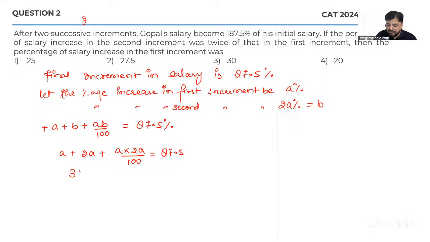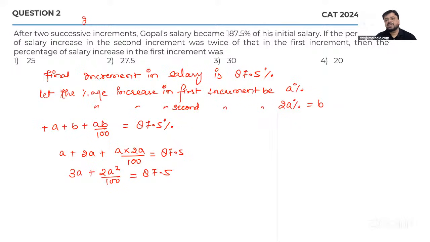It will become 3a plus 2a square upon 100 equal to 87.5. And now you make a quadratic equation and solve this question, which may not be an easy thing to do.